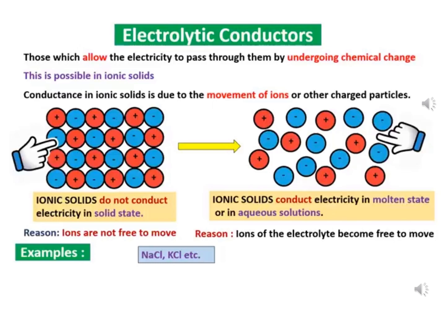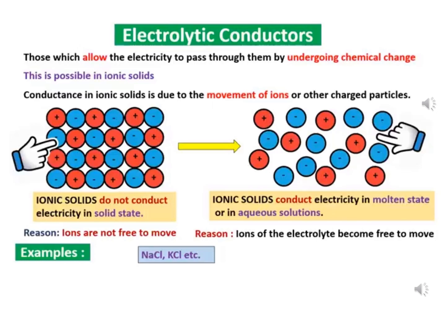So in the left side figure, you can see that these ions are not free to move. They are in packed form, so electricity will not pass through ionic solids.